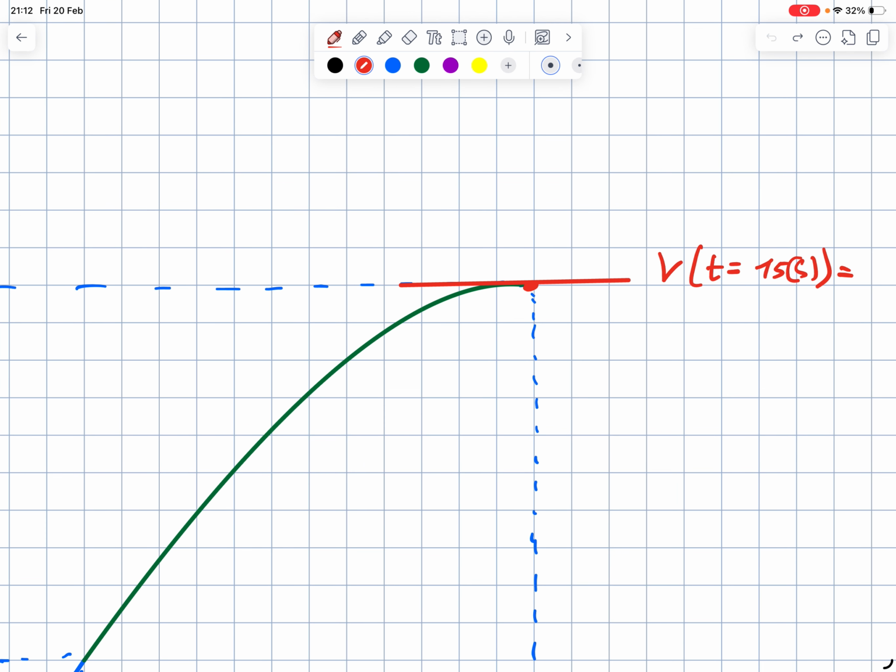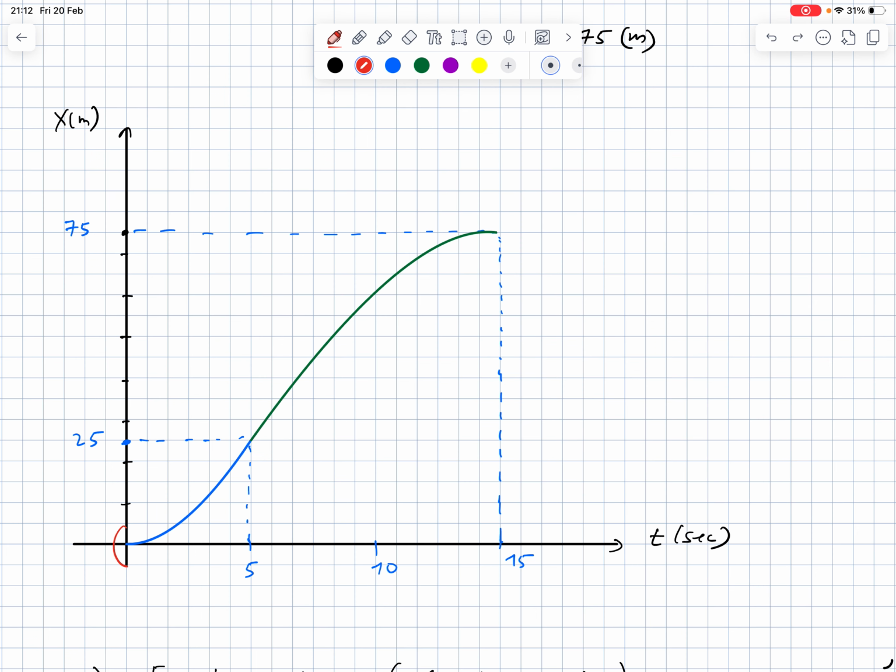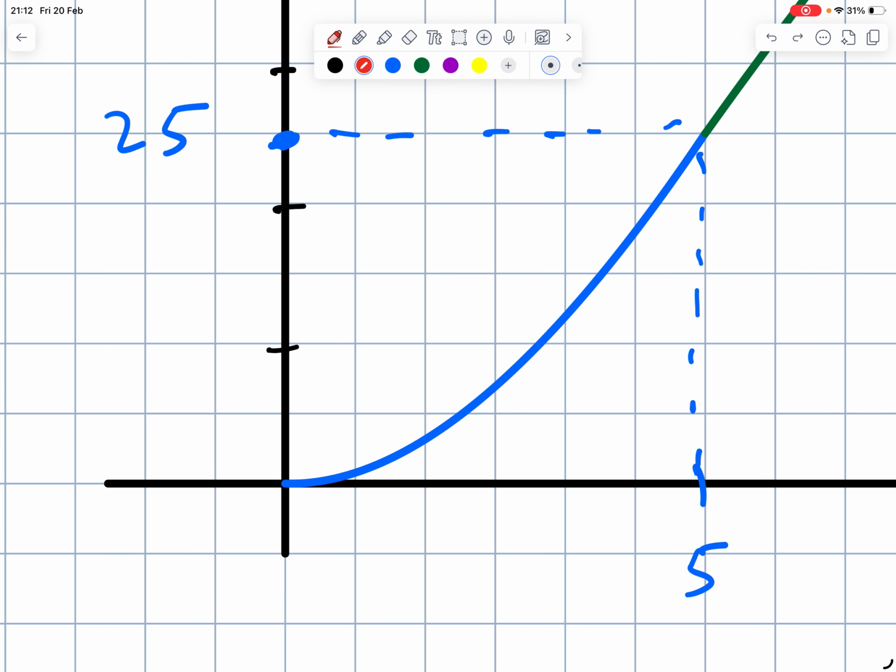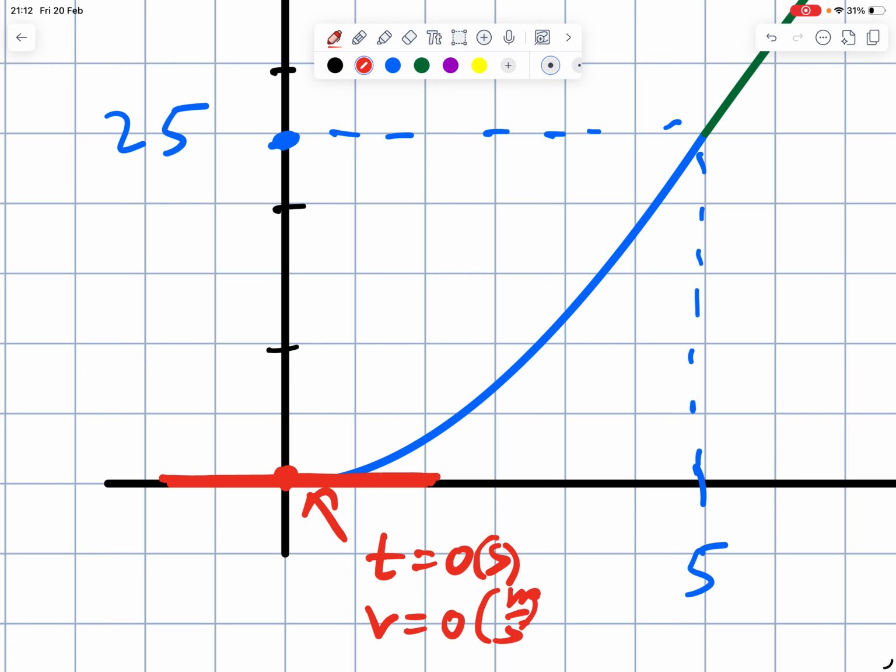And also, when you look at time of 0 seconds, it is the same. We know that the initial velocity when t equals 0 is also 0 meters per second. At this time of 0 seconds, v equals 0 meters per second, which is actually the slope of the tangent.